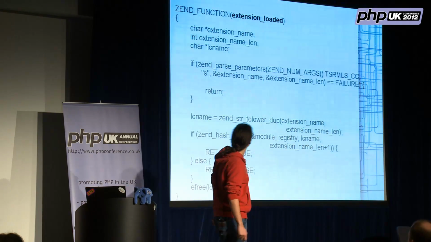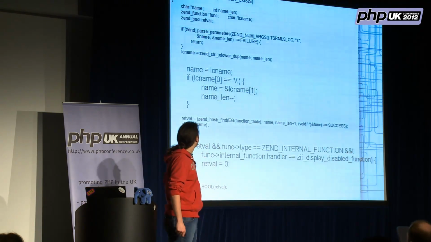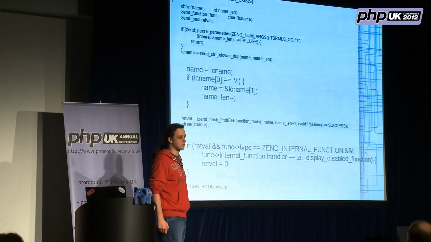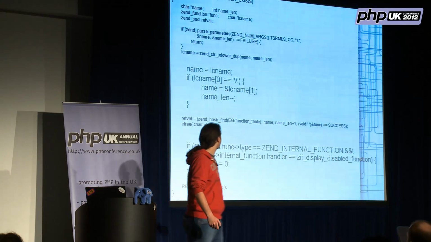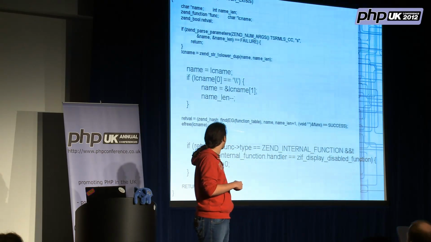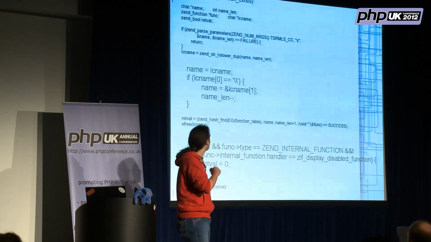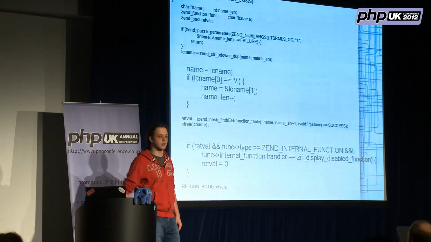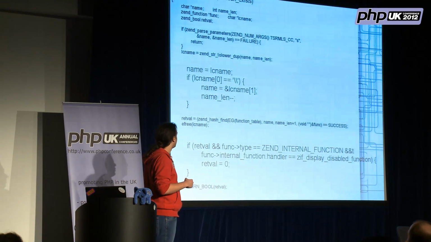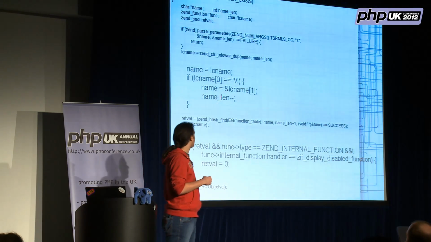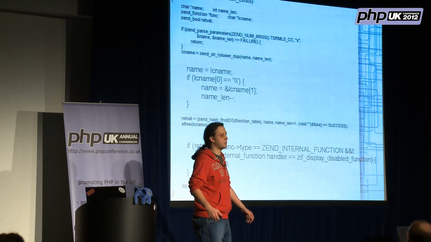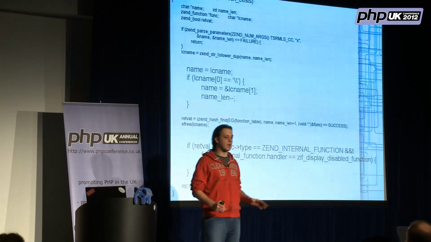Okay, that's the implementation. Then that's the implementation of function exists. There we have to do a bit more stuff. The small written stuff is the same as in extension loaded. But we have to do two more things. One is, if we are in PHP 5.3 or up, we have namespaces.